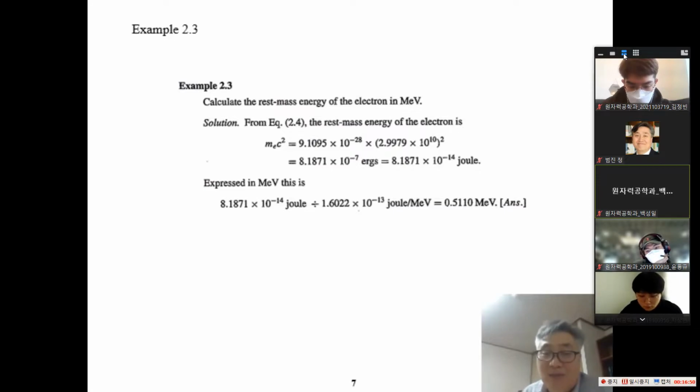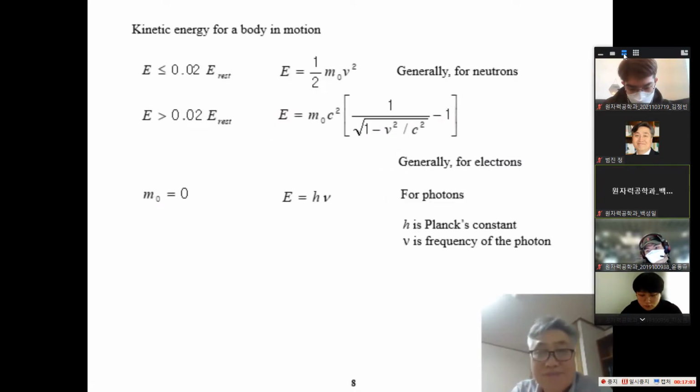Now, kinetic energies. We have three different formulas. The first one: when the kinetic energy is less than 0.02 of the rest mass energy, the kinetic energy is one over two mv squared.